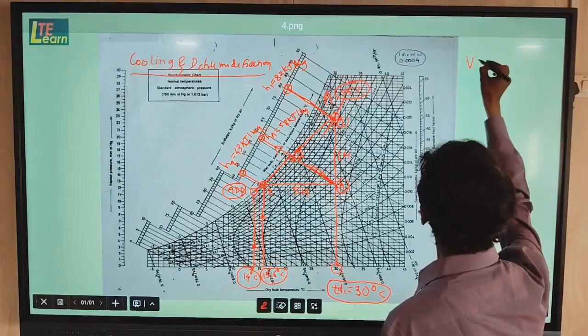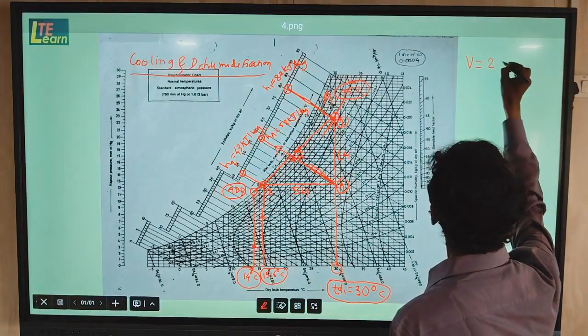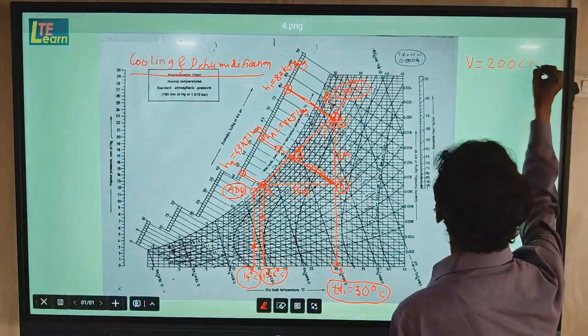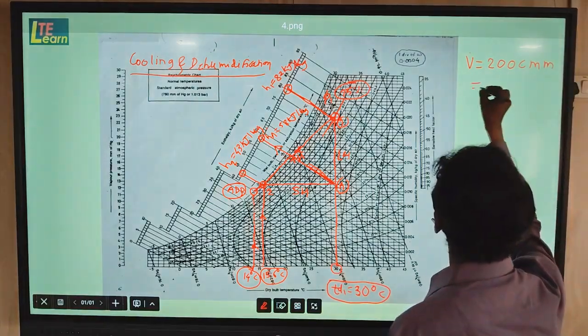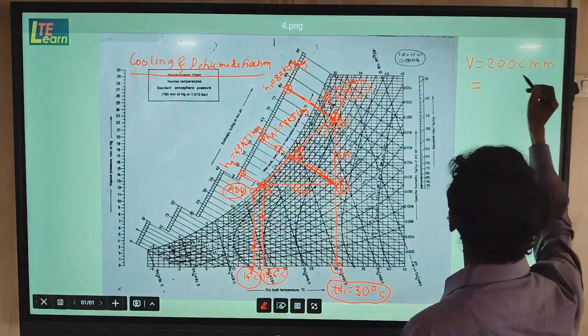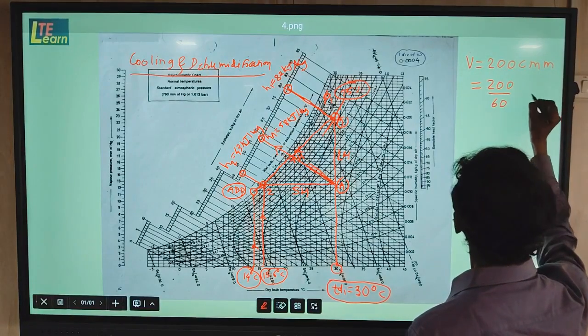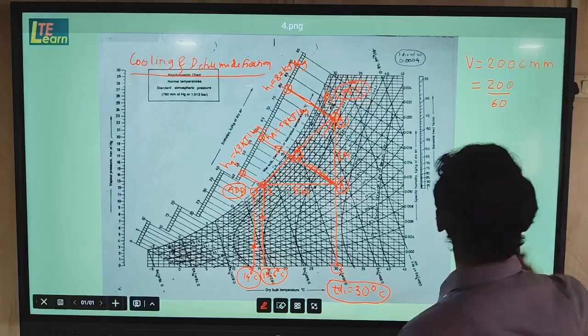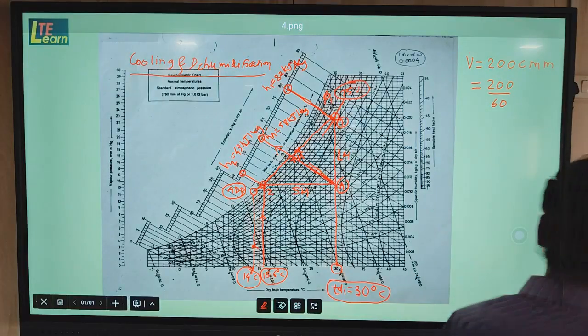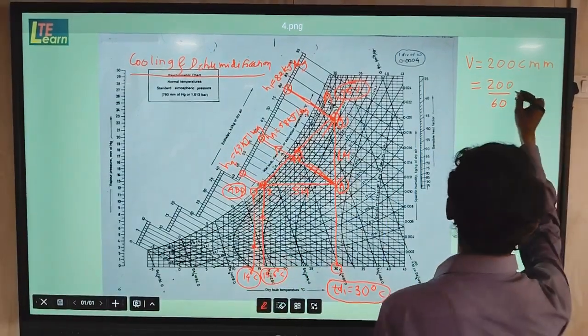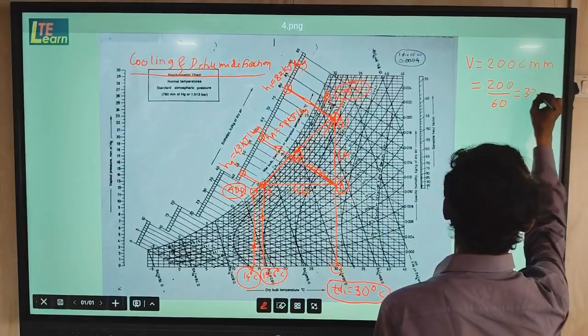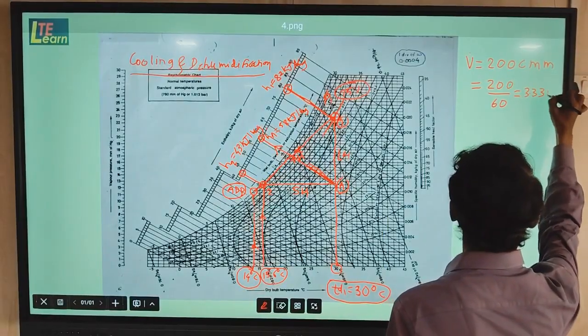Volume flow rate is given, that is 200 cmm, meaning meter cube per minute. So we have to convert that into meter cube per second by dividing by 60, which gives 3.33 meter cube per second.